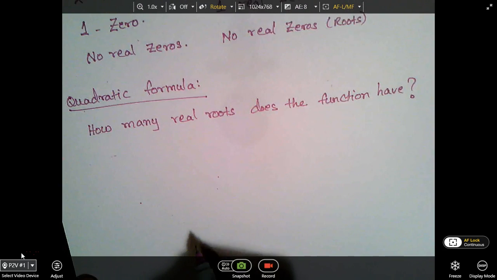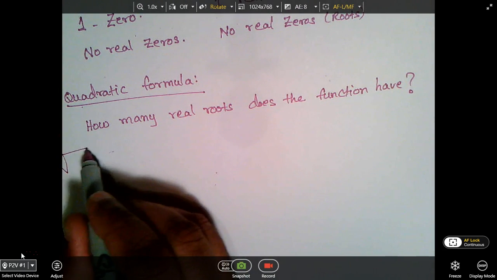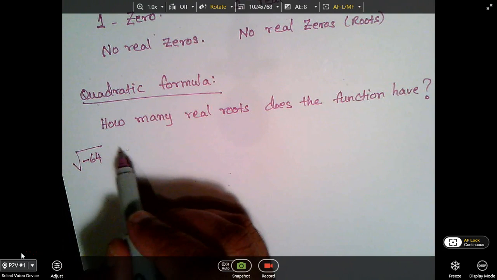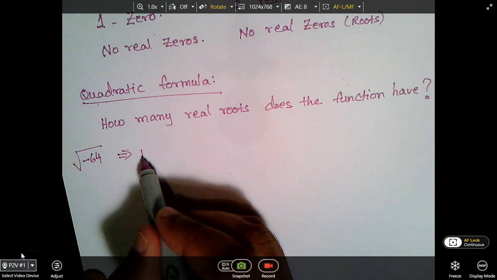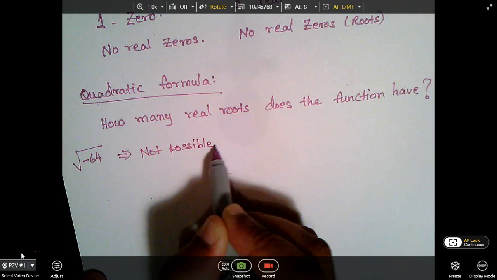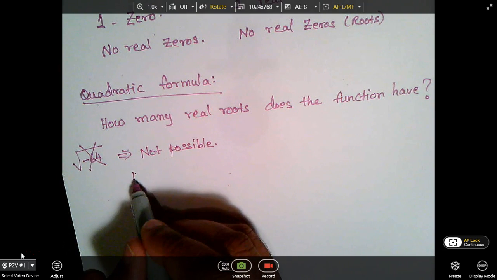We saw in lesson 16.1, when I end up square rooting a negative number, that is not possible. Square rooting a negative number is not possible. So I will have no real roots.